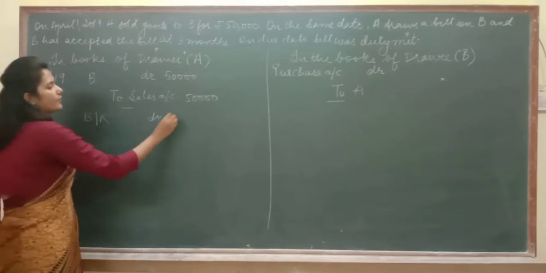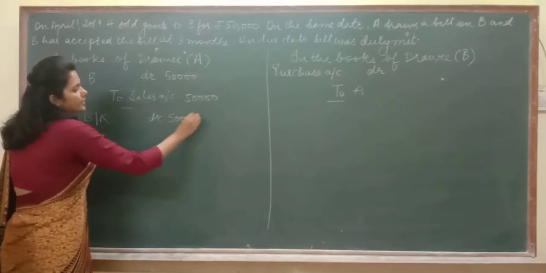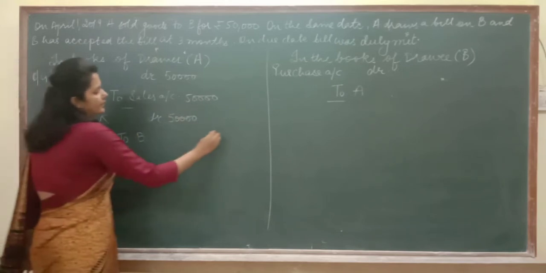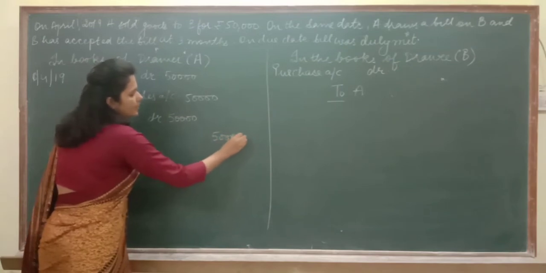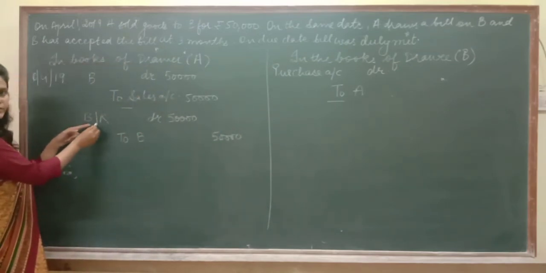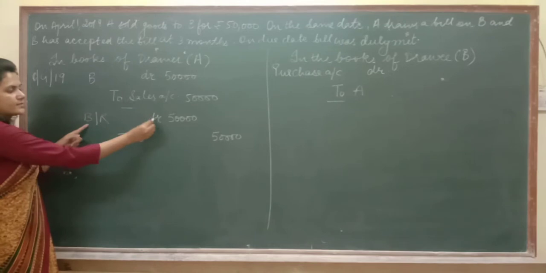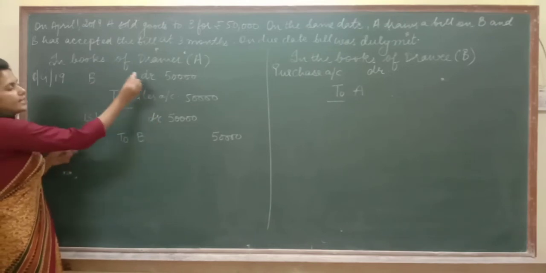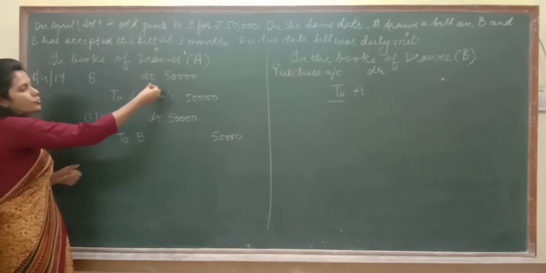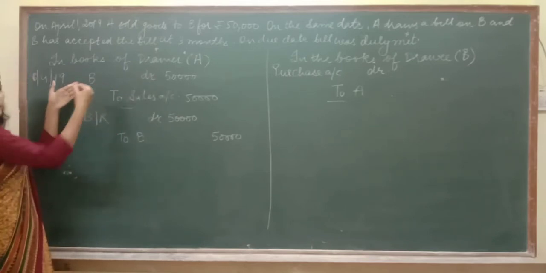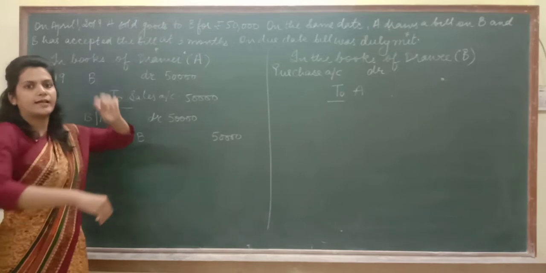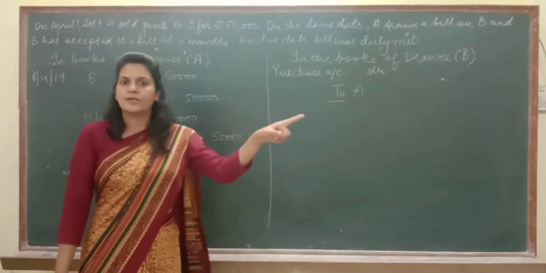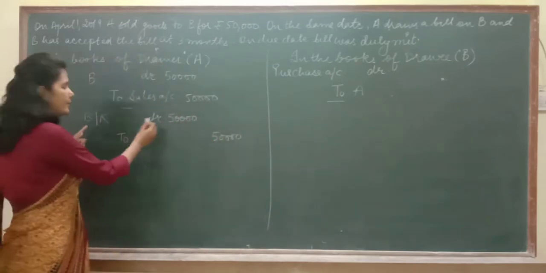So now he has become his bills receivable with rupees 50,000, and now he is no more his debtor. Now the debtor has been changed to bills receivable, so one more asset has been created. Debtors have a debit balance. If I want to take B out of the list of debtors and add B into the list of bills receivable, then to add him to the BR list, you will have to debit BR.